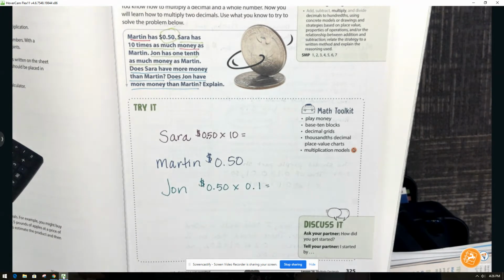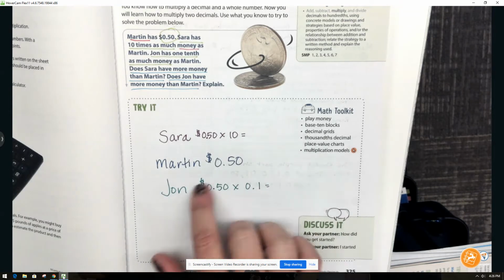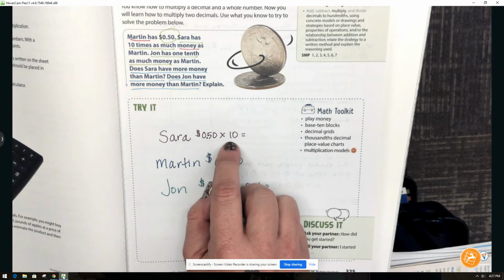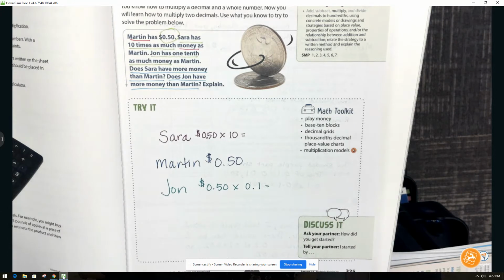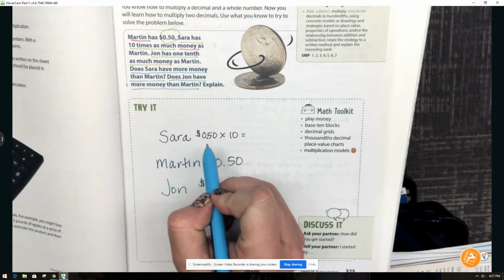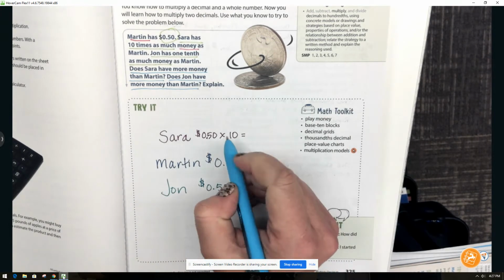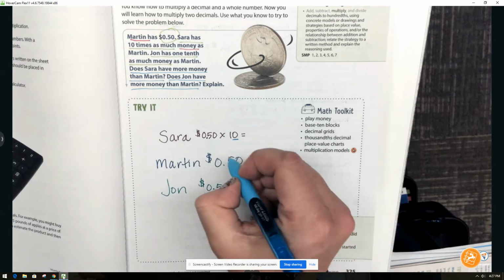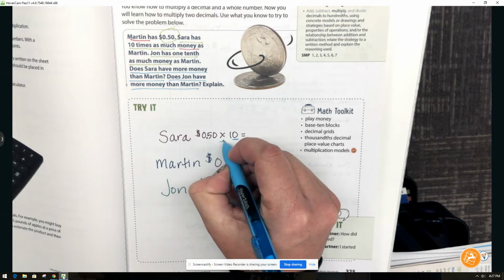So the good news is that we have kind of dealt with what we do when this happens. We'll work on John's when we get down there, but with Sarah, we know what to do. Remember, when we multiply by 10, that means that we're going to move that decimal place over one place value. And when we're multiplying, we move it one place to the right.